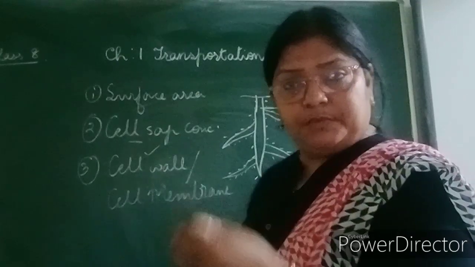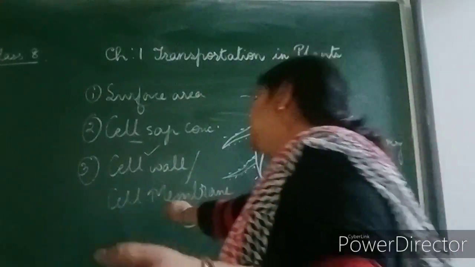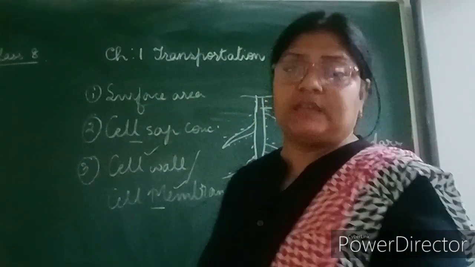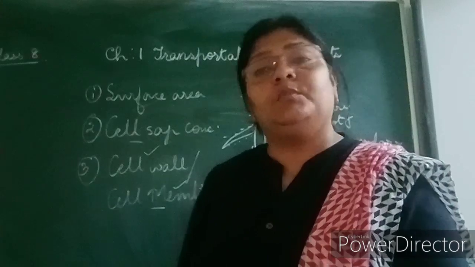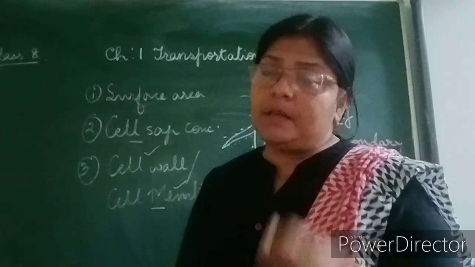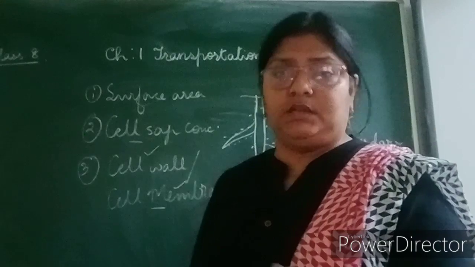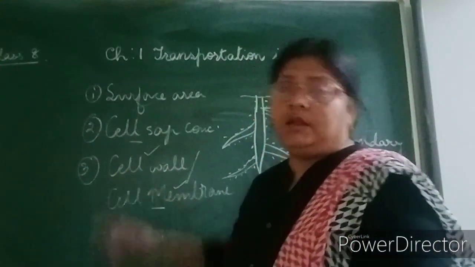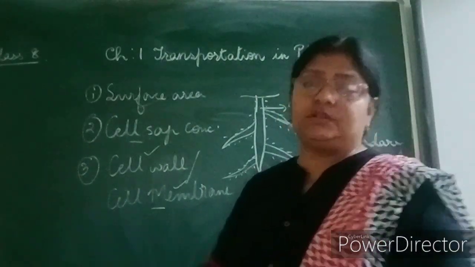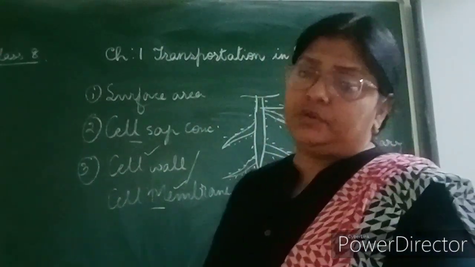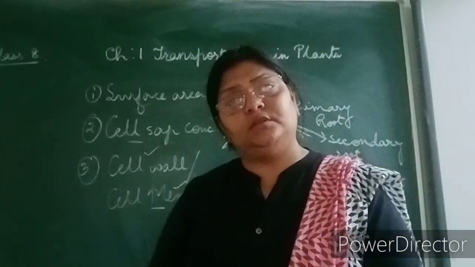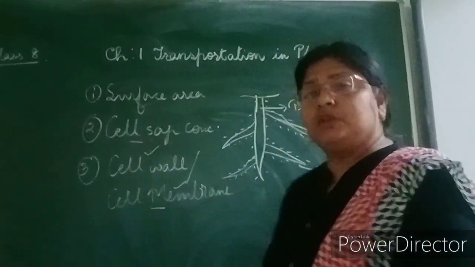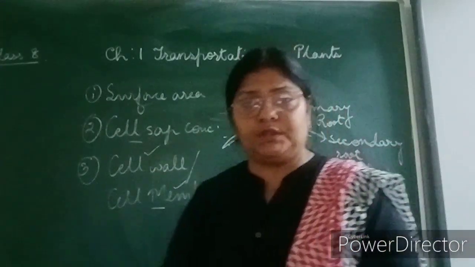Whereas the cell membrane is a selectively permeable or semi-permeable membrane, because it allows only some particles to enter or leave the cell. Because of the cell membrane and cell wall, there are processes with the help of which water and minerals can enter the root hairs. So these are the specialities of root hairs, due to which they are very important for the plant.